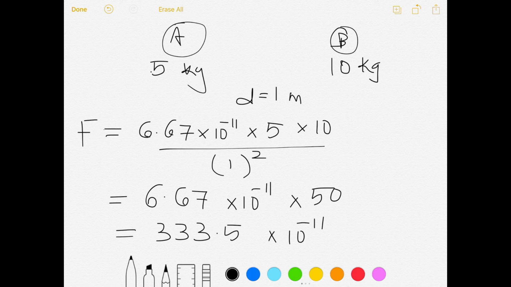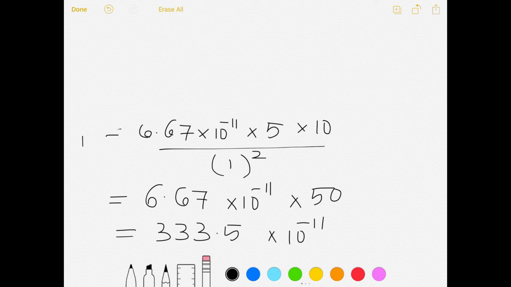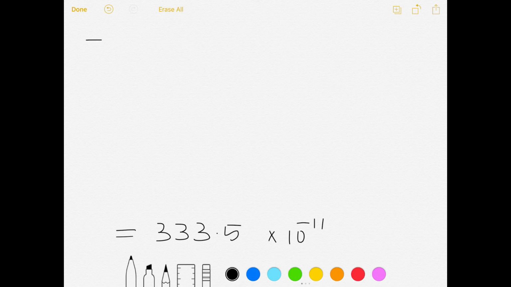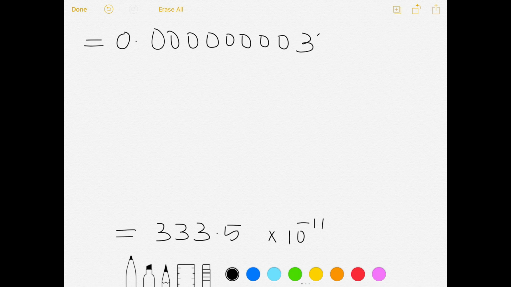Now in terms of decimals, if I expand this, it will look like this: 0.1 2 3 4 5 6 7 8 9 10 11.